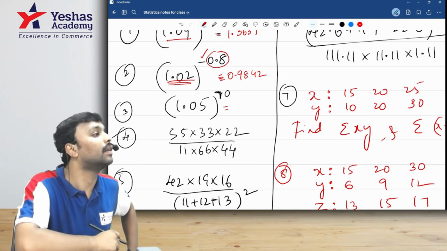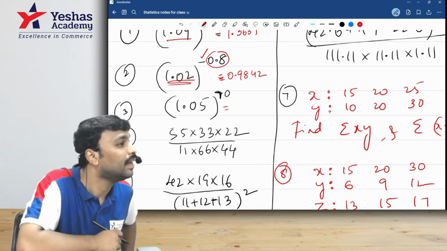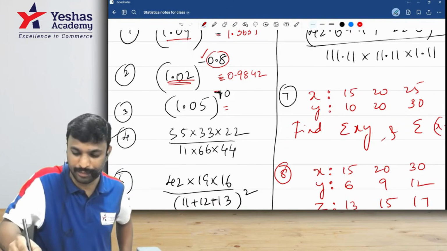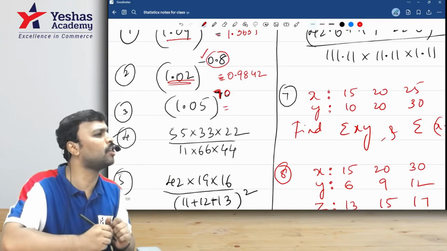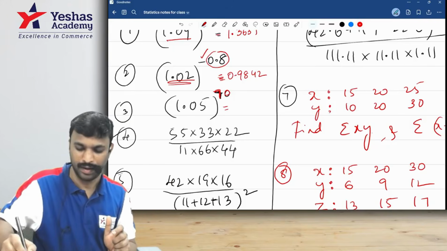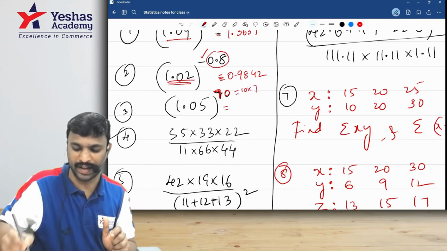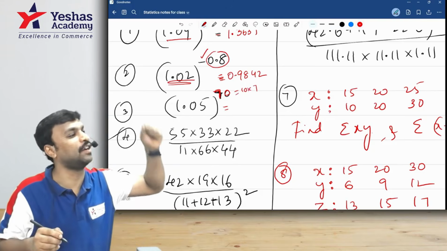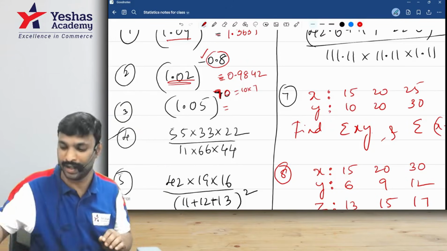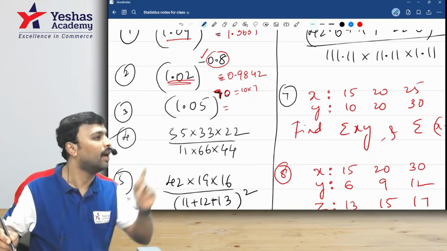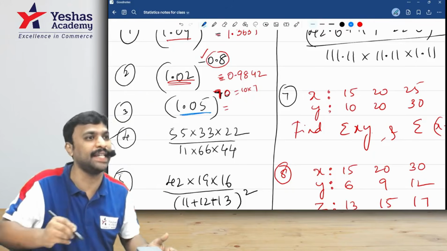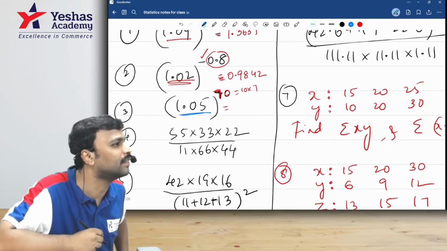Look at this. Power is 70. For 70, how to split? 10 into 7. Otherwise, you'll have to press equal how many times? 69 times, sir. You'll get tired. What do you type? 1.05. Would you press the root now?